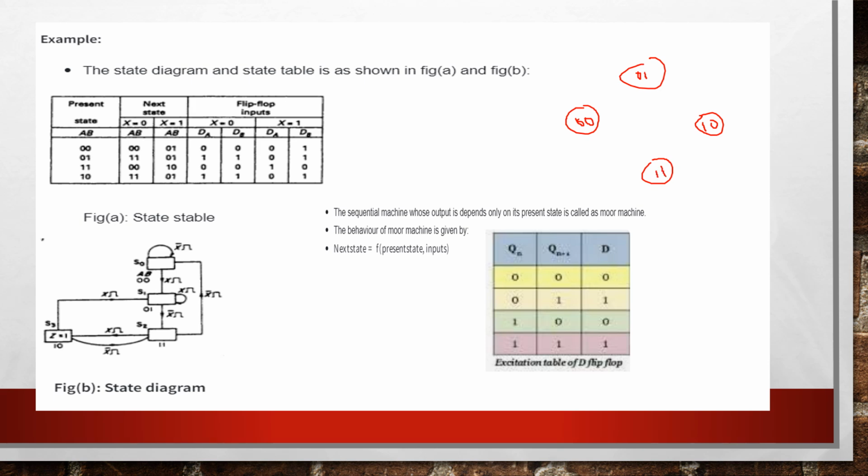When it is in the 00 state and x is equal to 0, it goes to the same state. That is what I have written for this combination. For the next combination, 00 with x equal to 1, it goes to 01.